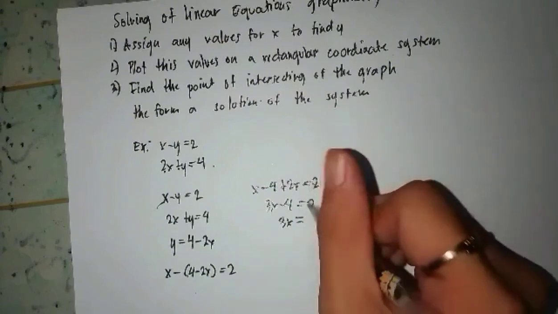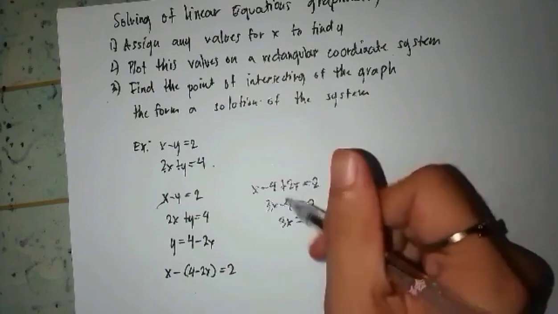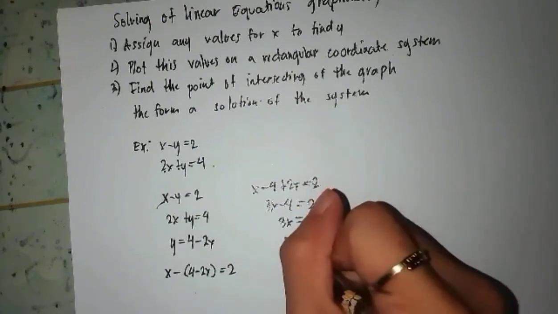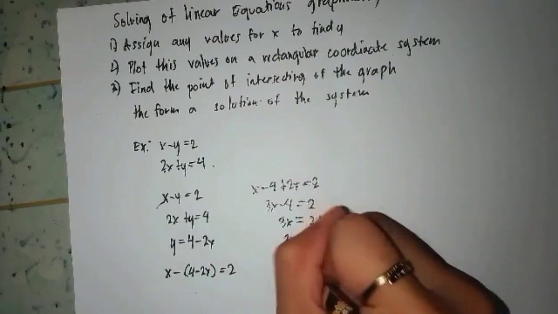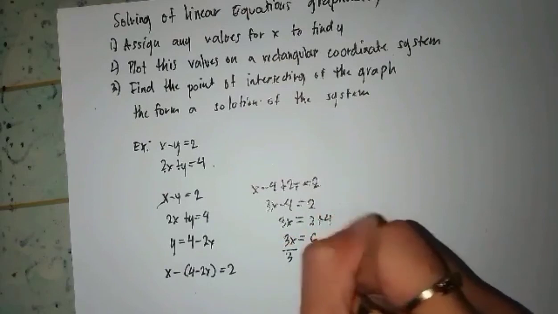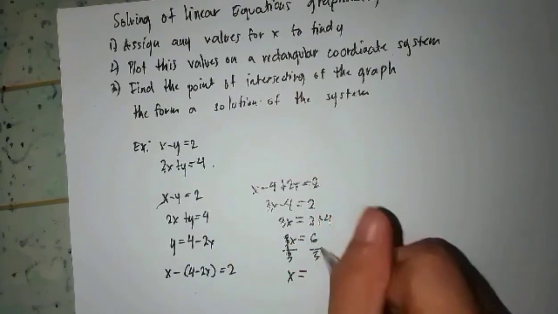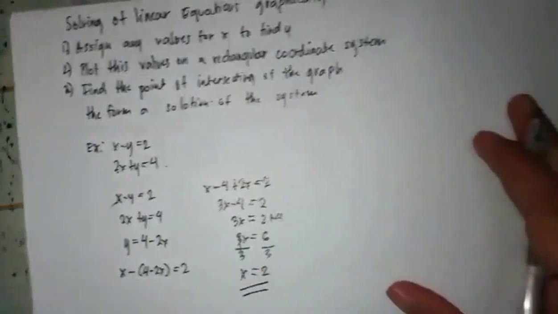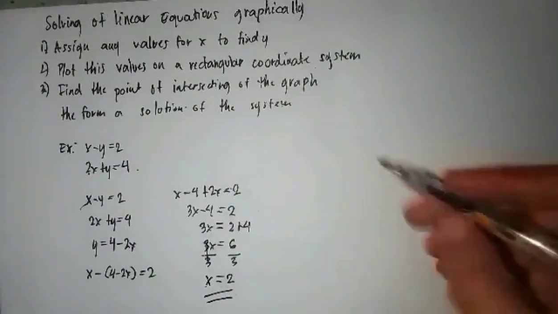So, mahimo na siyang 2 plus 4. Negative 4 man siya, mahimo siyang positive. Siyang 3x equals 6. Then, divide into both side by 3. Cancel. So, ang x is 2.